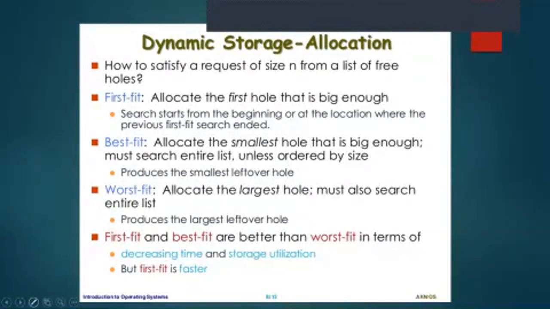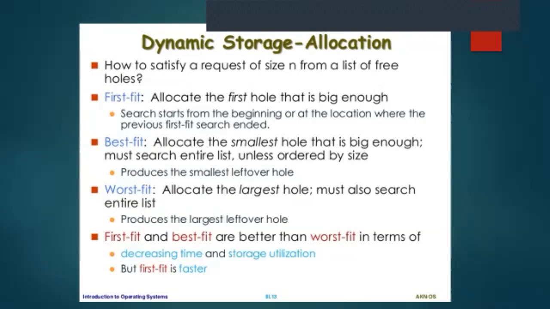First fit allocation is to allocate the first hole that is big enough. That means whenever there is a space, you keep it there. You go on searching in the memory area, starting from the beginning of the block.